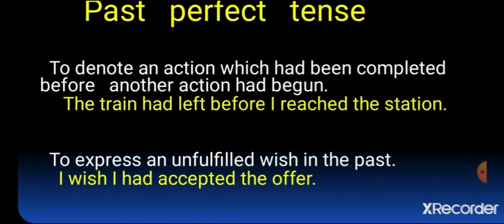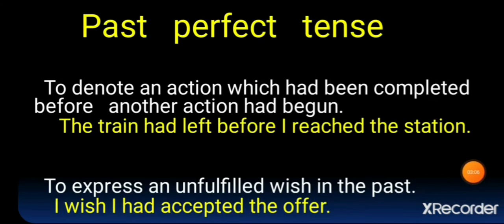He had a wish that, if only he had accepted the offer. I wish I had accepted the offer. Students, remember that past perfect tense is used to denote an action which had been completed before another action had begun. For example, students, the train had left. The train had left.